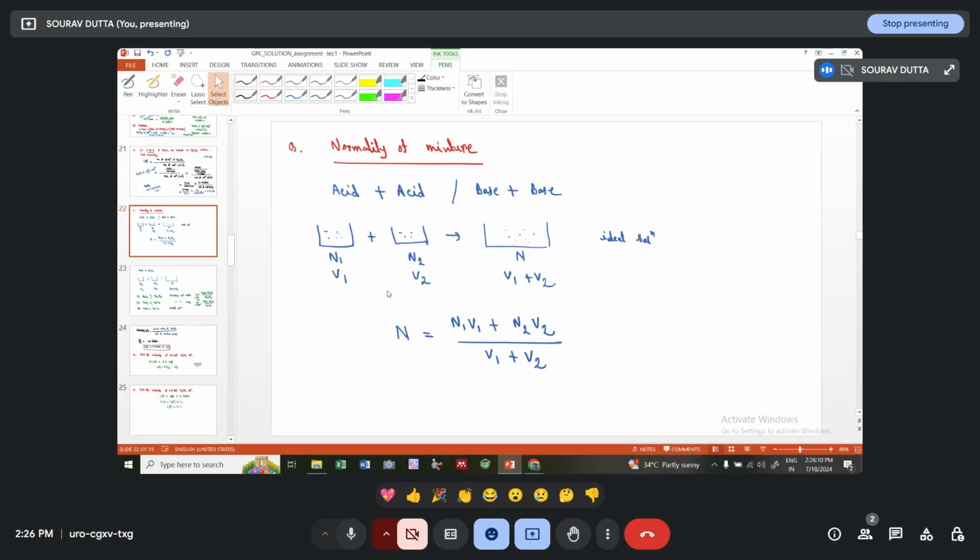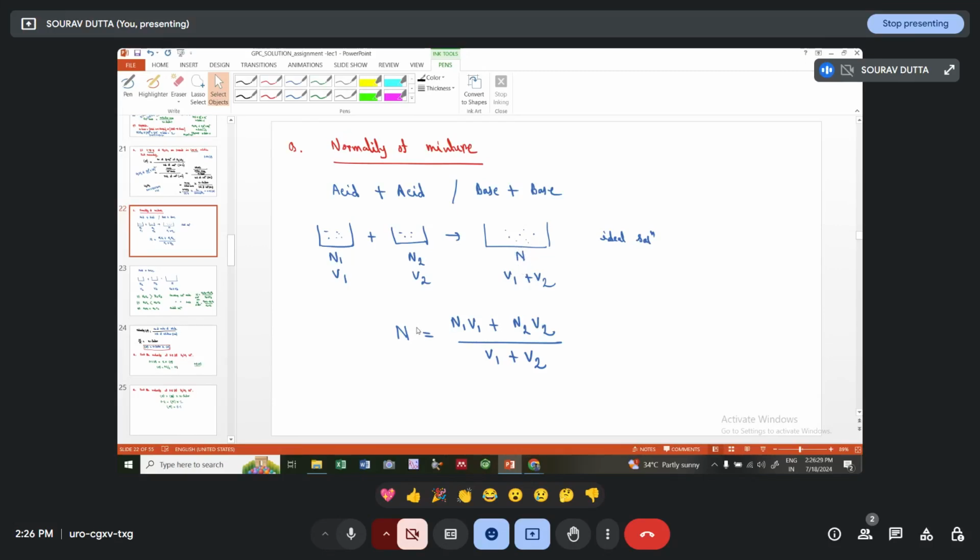Okay. So now in this case, we just consider an ideal solution where the final volume will be V1 plus V2. And if I write the normality of this solution as N, then what is the final concentration in normality of this mixture?